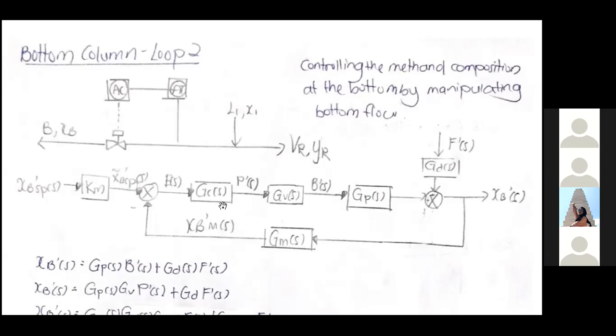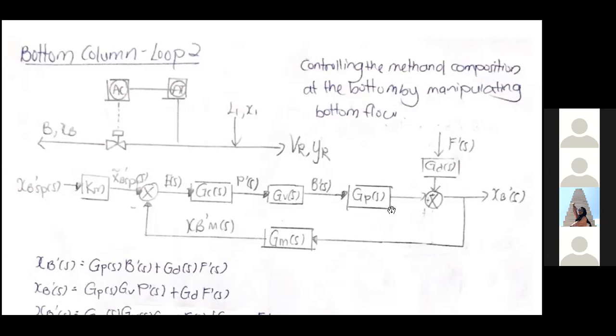The error signal goes to the controller's transfer function. After that, the controller output is sent as a signal to the final control element. Then B prime S, which is the bottom flow rate and the manipulated variable for this loop, is sent as a signal to the process transfer function.